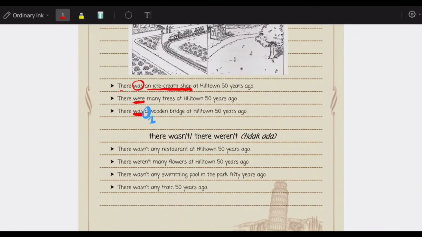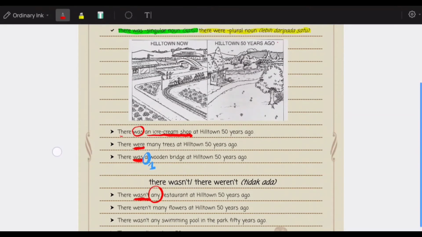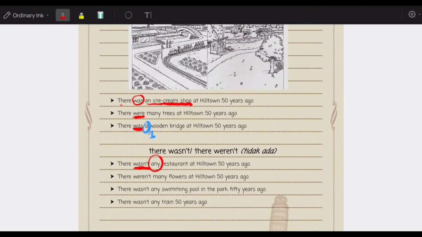So we use the word wasn't. There wasn't means tiada. If you look at the word any, normally we use it together with wasn't. There wasn't any restaurant. Tiada, langsung tiada kedai makan. Remember, we say there wasn't any.